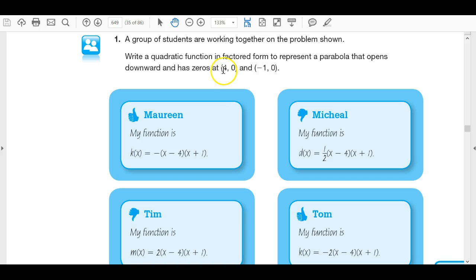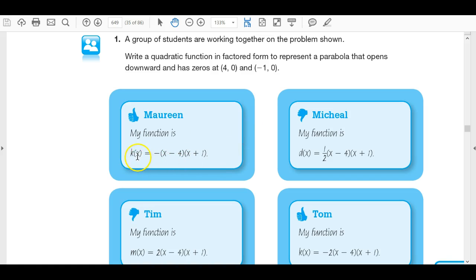Secondly, we want a zero at positive 4 and a zero at negative 1, which means that when we subtract from x, we're going to subtract a positive 4 and we're going to subtract a negative 1, which is going to turn into a positive. So just real quick, I'm going to put this function in so you can see that it for sure meets all of the factors.